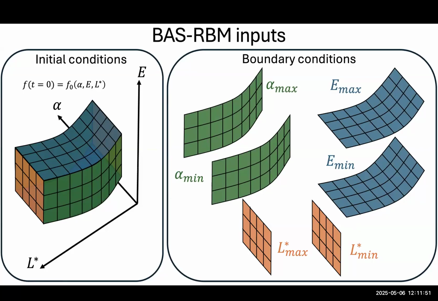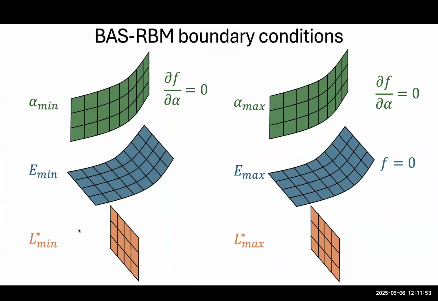And then the boundary conditions, first off, we can specify 3 of them straight away. So the maximum and minimum pitch angles can be constrained by assuming that the phase space density doesn't change at either boundary, so it's flat.